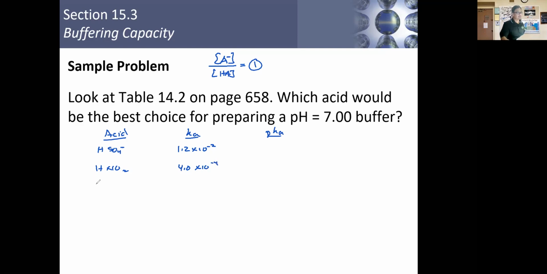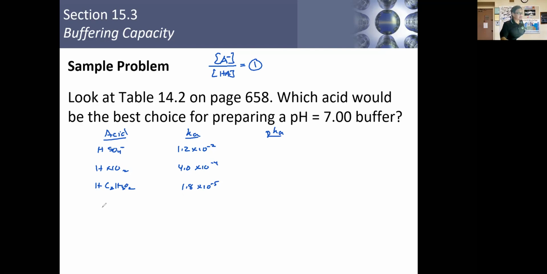Let's pick acetic acid too, since we've been working with this quite a bit. Let's see if this will be a good acid to mix in for our buffer. Acetic acid is 1.8 times 10 to the minus 5. Then let's pick hypochlorous acid, HOCl.